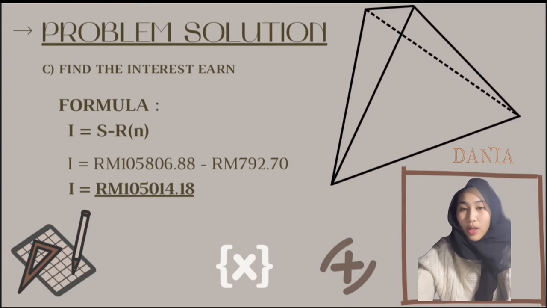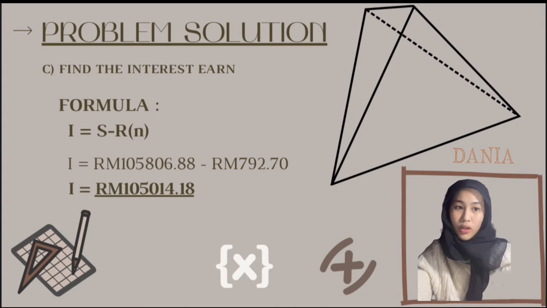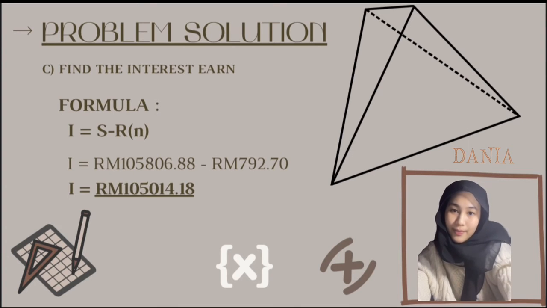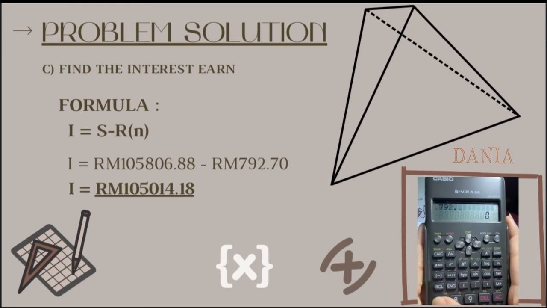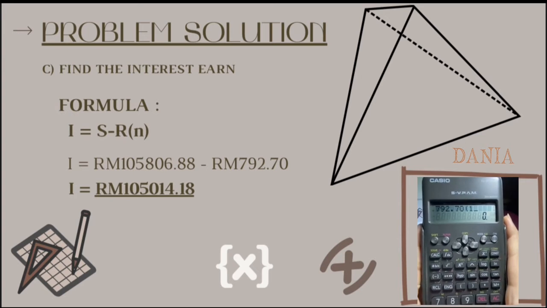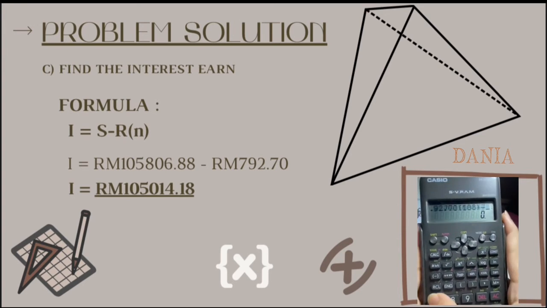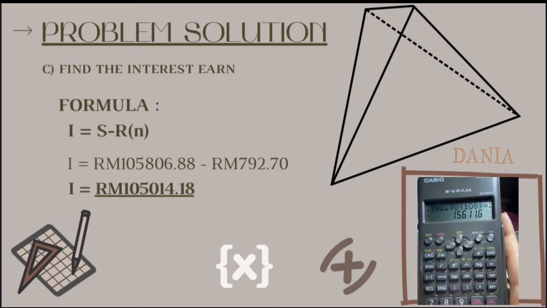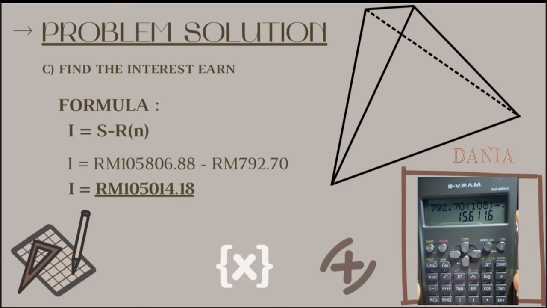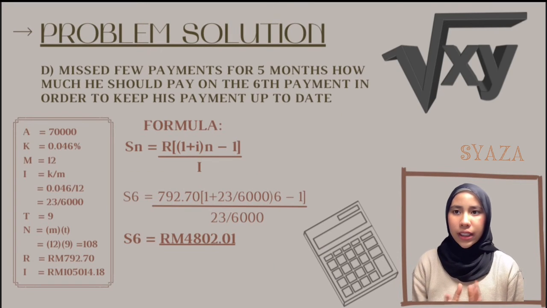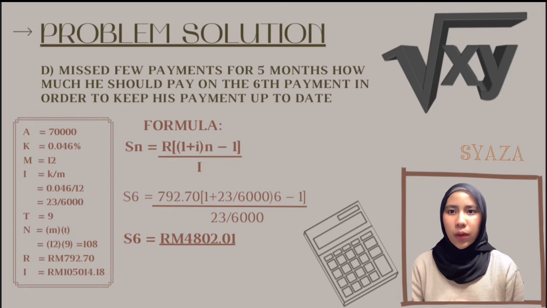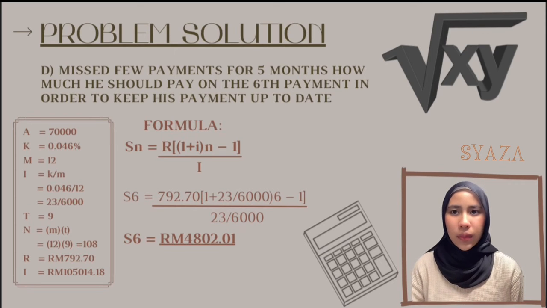Now I'll continue with the third one, which is to find the interest earned. The formula is quite easy, so I will show you how to solve this question. It is 792.70 times 108 minus 70k. This is the answer. Now I will be presenting the problem solutions for D. D is about missing a few payments for 5 months and how much he should pay on the 6th payment in order to keep his payments up to date.